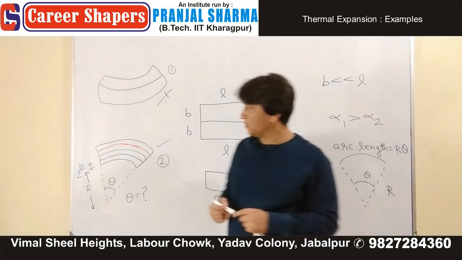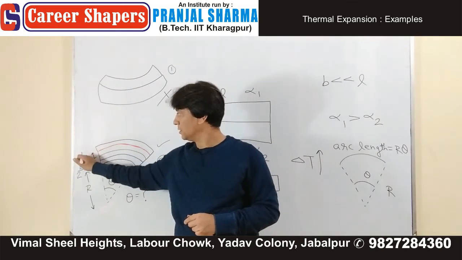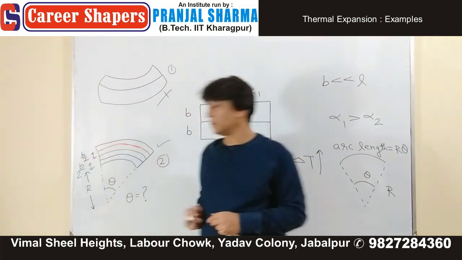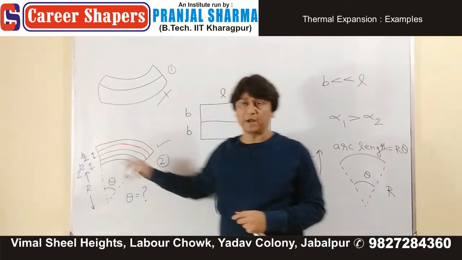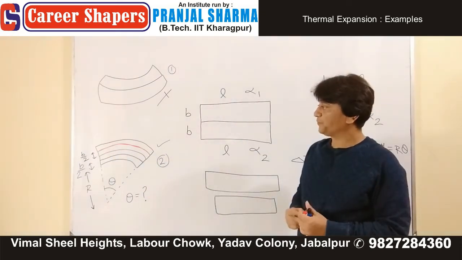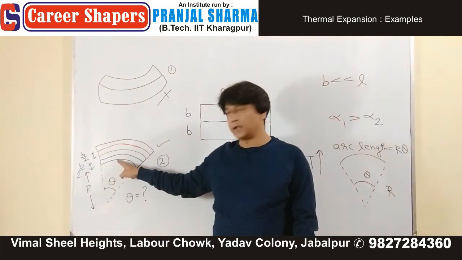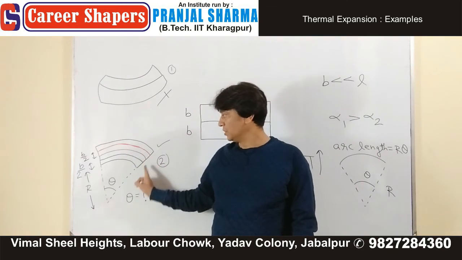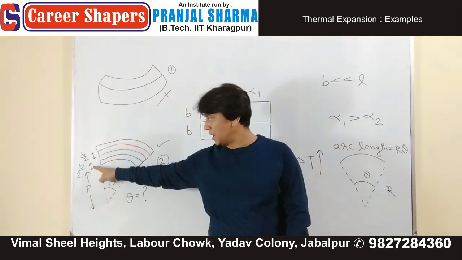We'll add another B by 2. Of course, not in B by 2, but in B. The whole thickness is what? B. Now, instead of going for the lower edge or for the upper edge, we'll take the mean radius. What is the mean radius? R plus B by 2.